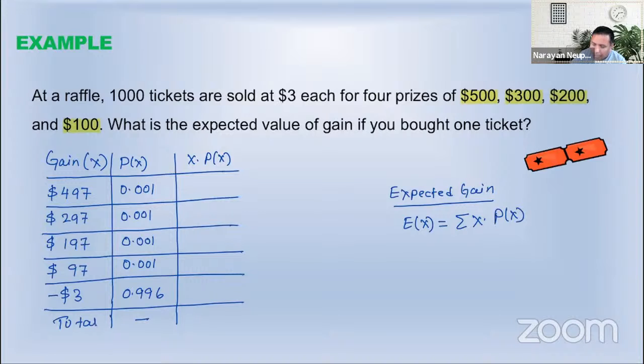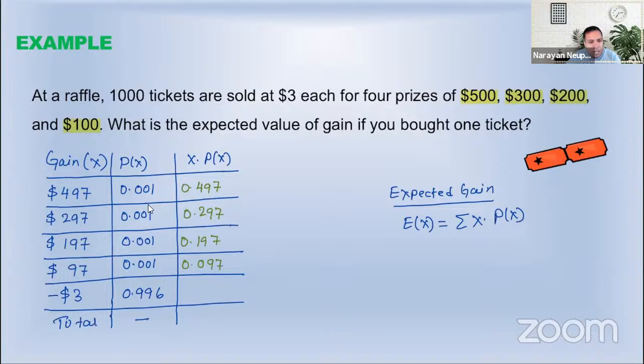So if you multiply the first one, 497 times 0.001 is 0.497. Make sure you check it. 0.001 times 297 is 0.297. Similarly, the next one will be 0.197. Next will be 0.097.